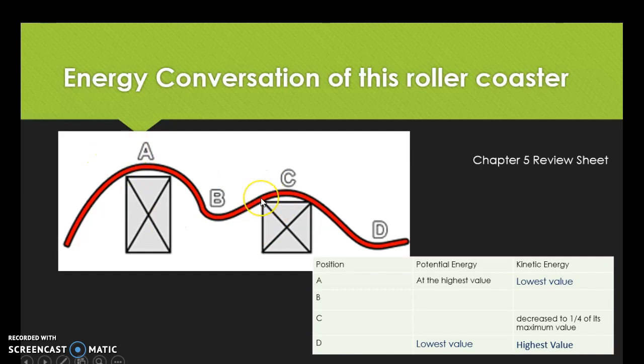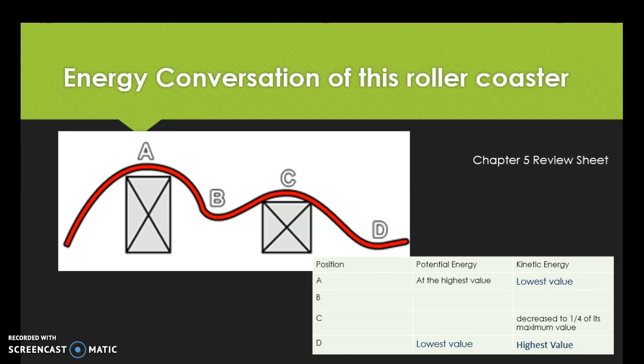So we know from potential gravitational energy that we can use this information to help us solve the rest of the problem. At point C, 1/4 of its value of kinetic energy is present. So that means to compare with the potential energy, the total energy will be 100.